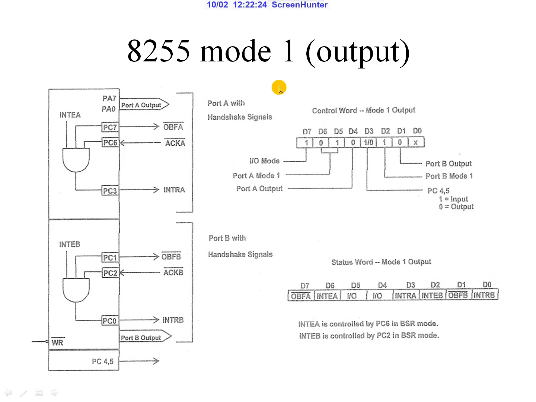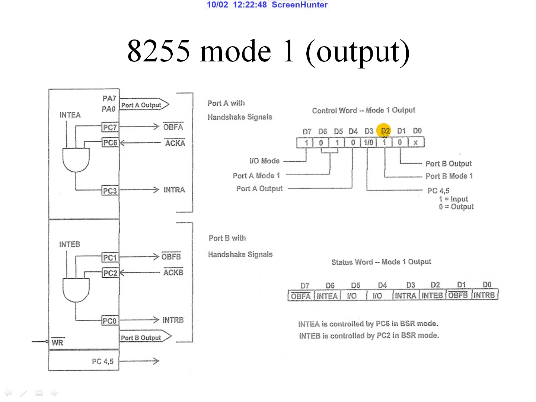So this is a depiction diagram of 8255 Mode 1 output operation. Here you can notice that this is for port A. Port A, bits 0 to 7, are going to be used as an output port, so that is going to be programmed here.